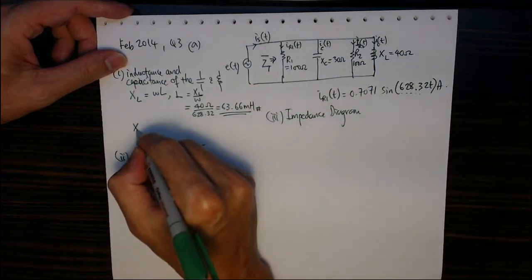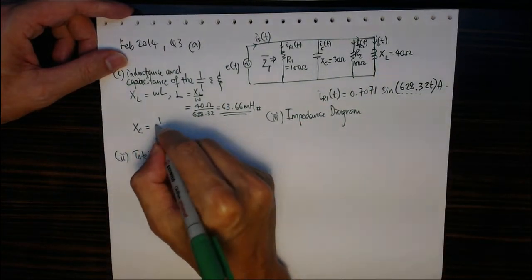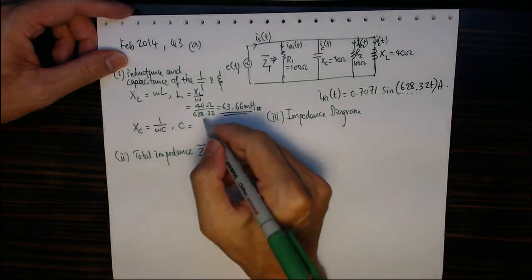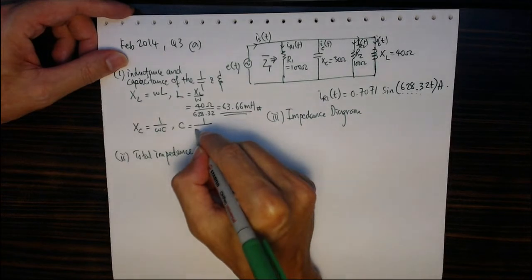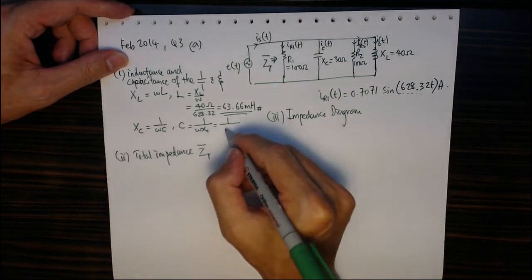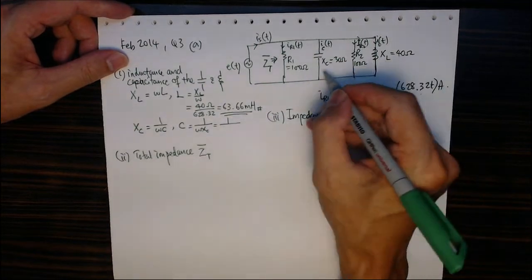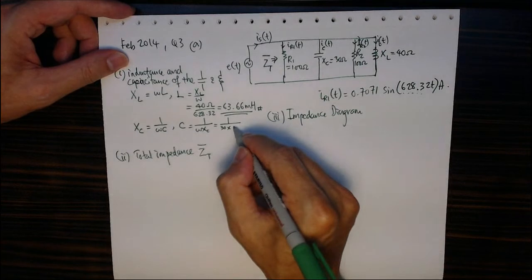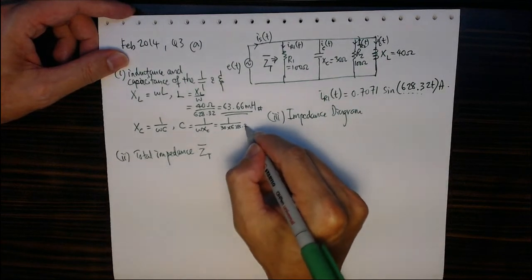And for capacitance, XC is given as 1 over omega C. Therefore, C is 1 over omega XC. That's equal to 1 upon 30 times 628.32.